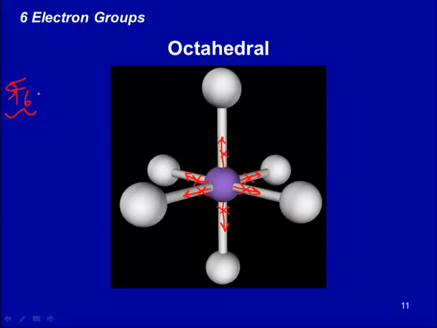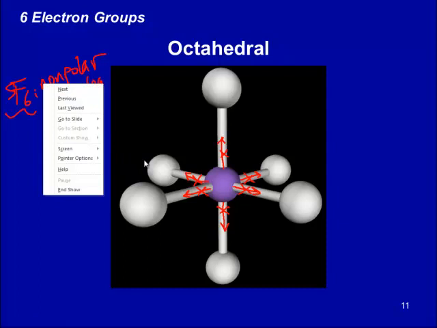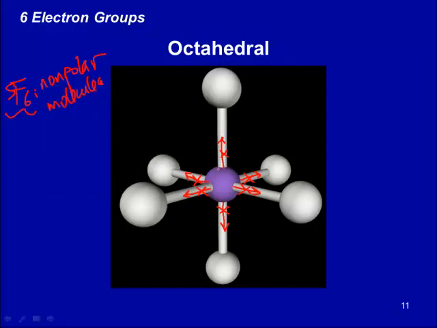So for SF6, it turns out it's a non-polar molecule, because the individual bonds cancel each other out. But that's provided all 6 surrounding atoms are identical. If any one of them is not the same, that's going out of the window. So the net polarity for SF6 is 0, and the whole molecule is non-polar.